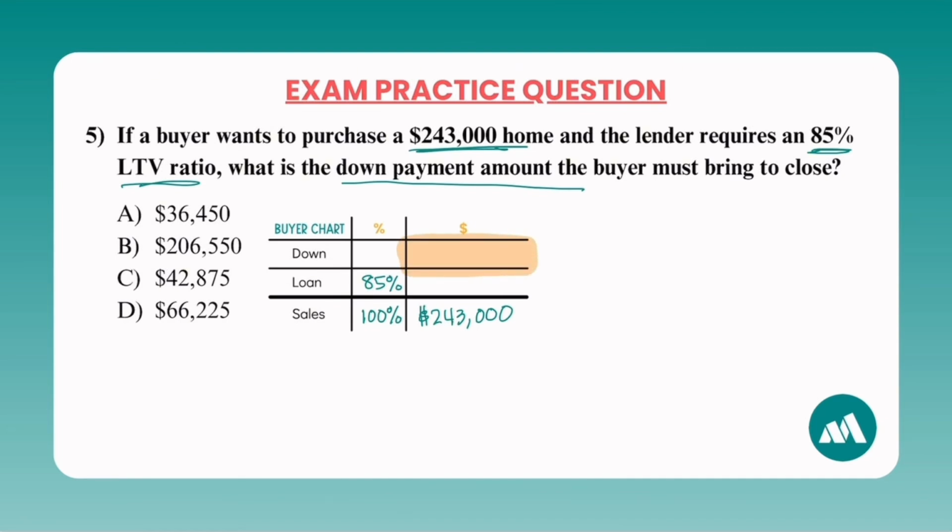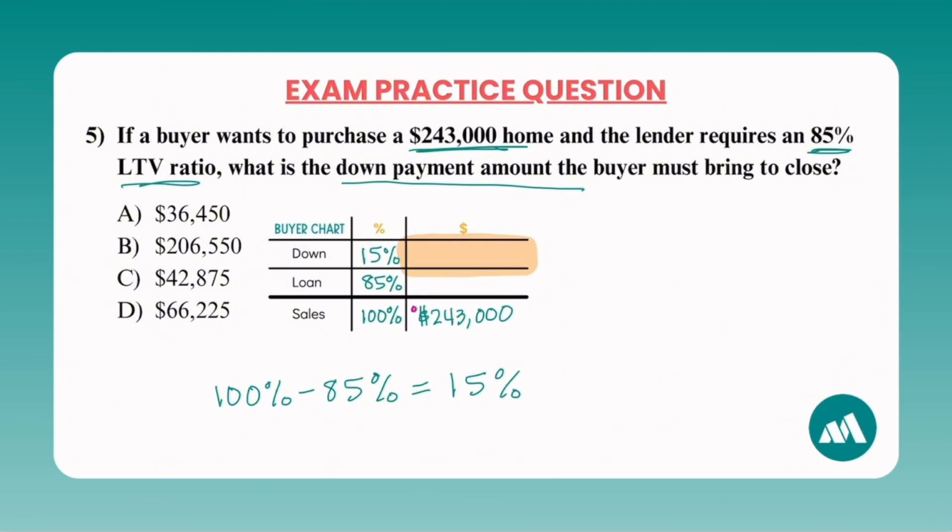So that means that we have to find the down payment percentage and then multiply the sales price times the down payment percentage to find our down payment amount. So in this question, all we have to do is say 100% minus 85% is going to equal 15%. So that is now my down payment percentage. So we'll put that there.